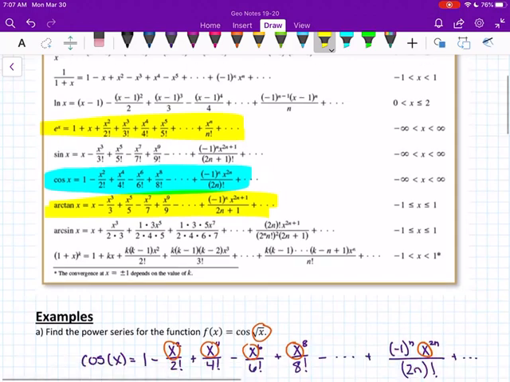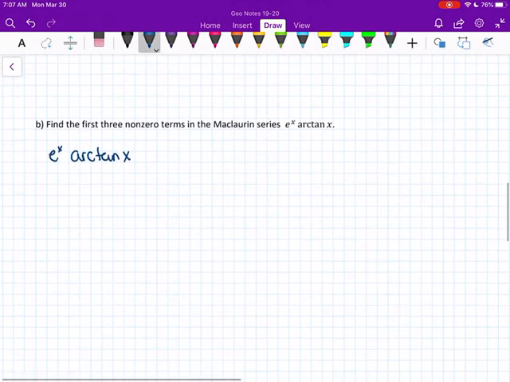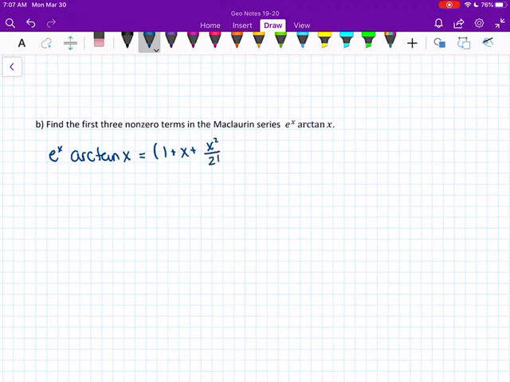So when I multiply those two together, I get e to the x, which is 1 plus x plus x squared over 2 factorial plus x cubed over 3 factorial plus x to the 4th over 4 factorial, and so on and so forth.